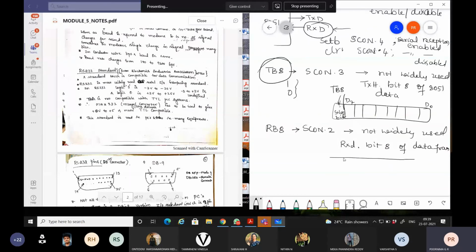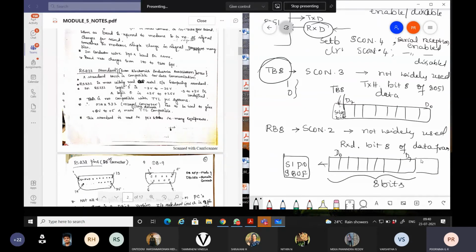You will have 8 bits of data. After receiving all 8 bits, from D0 to D7, into the serial-in parallel-out register, that is your SBUF, the ninth bit in a frame is the stop bit.